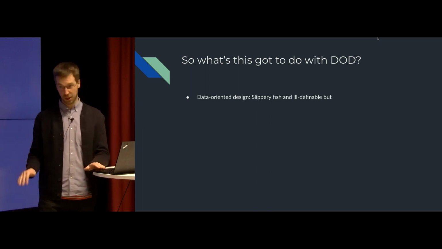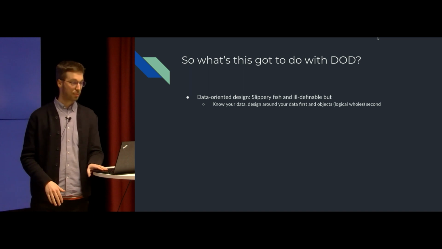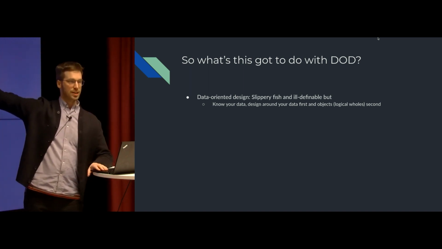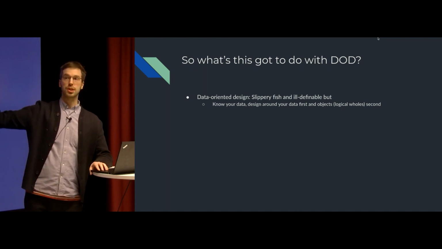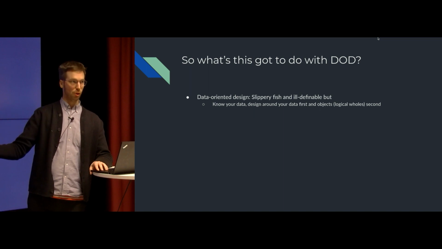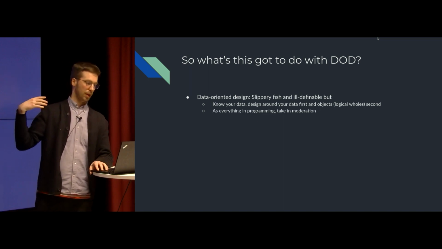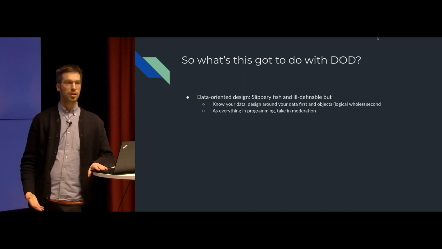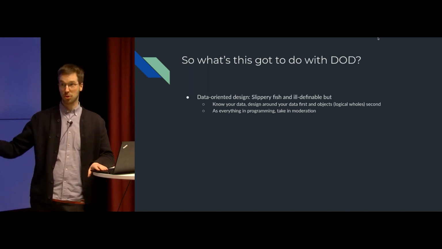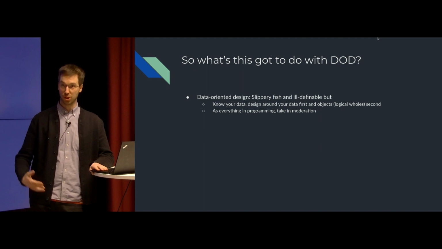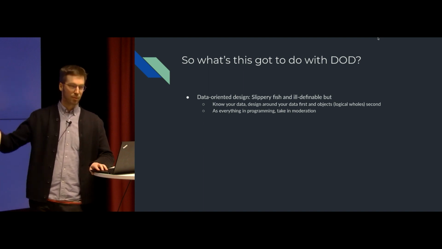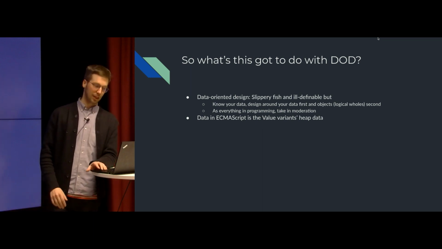But here's my definition for this talk at least. Know your data. Design around your data first, and only second consider objects or logical wholes. And as with everything in programming, you should take this in moderation. It's probably sometimes a good idea to design around objects first and data second, but I'm not going to take it in moderation.